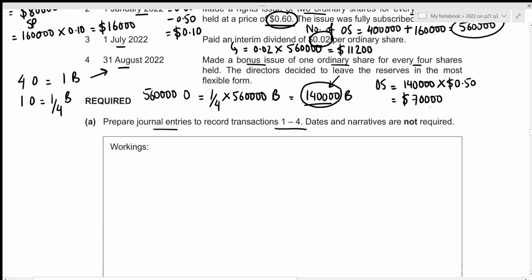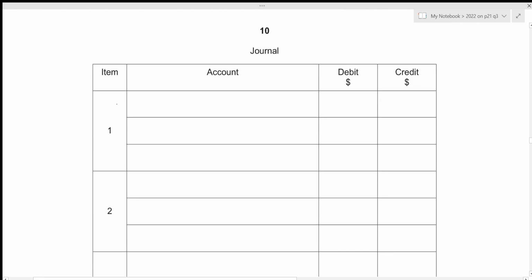Let's write it down. We have our dividends paid, which was of 24,000. And while paying this dividend, our bank account will get reduced by the same value.